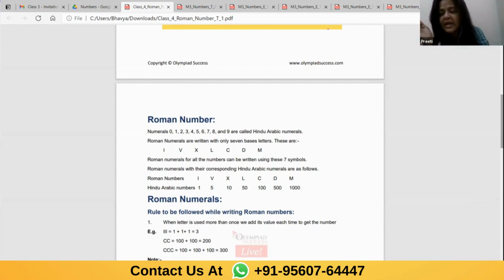But if I write a Roman numeral of smaller value on the left hand side of the Roman numeral of greater value, then that means subtraction. Correct? So like IV, that means 5 minus 1 is equal to 4.